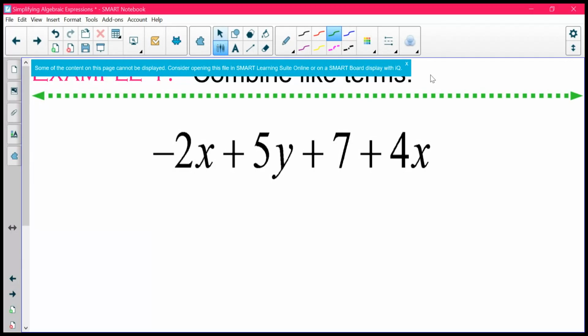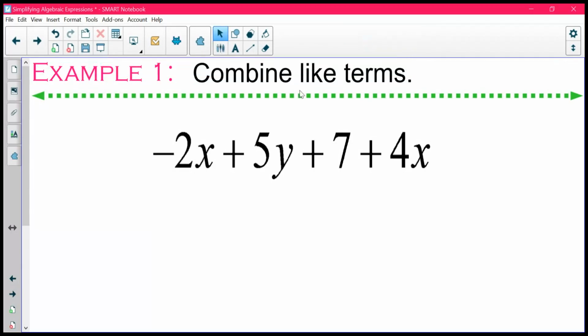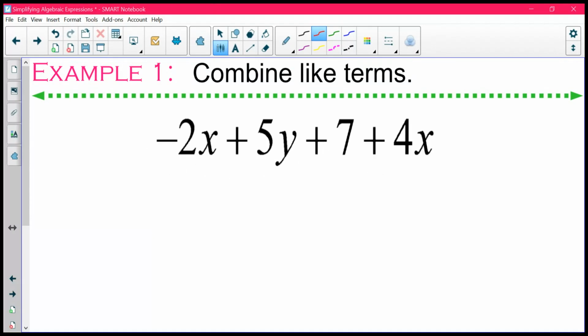Okay, our first example, -2x plus 5y plus 7 plus 4x. Okay, so first I'm going to see what can I combine. -2x plus 4x.